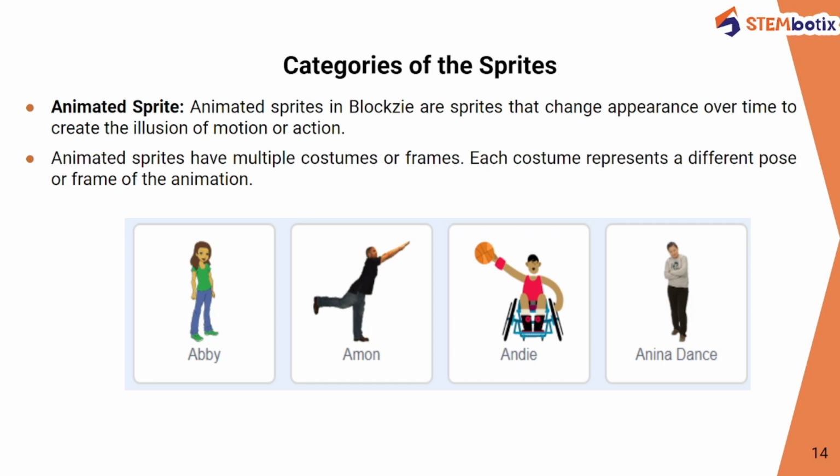In this category, you will see that the sprite has a number of different costumes, or you can say a number of different appearances, which in turn give you a motion or action type illusion. These animated sprites have multiple costumes and frames. Each costume represents a different pose or frame of the animation. So these are some examples of already available animated sprites in Blockzie.